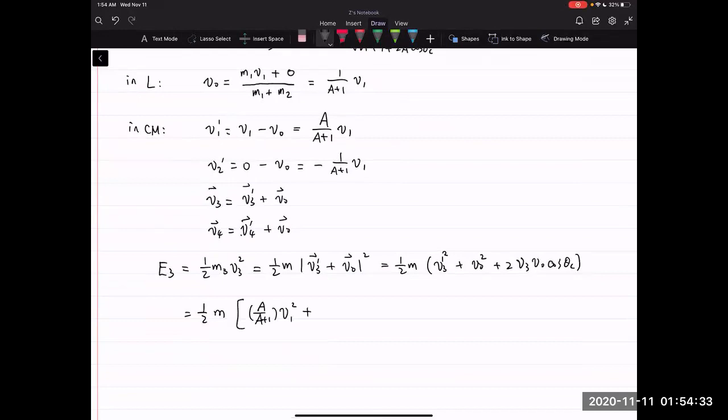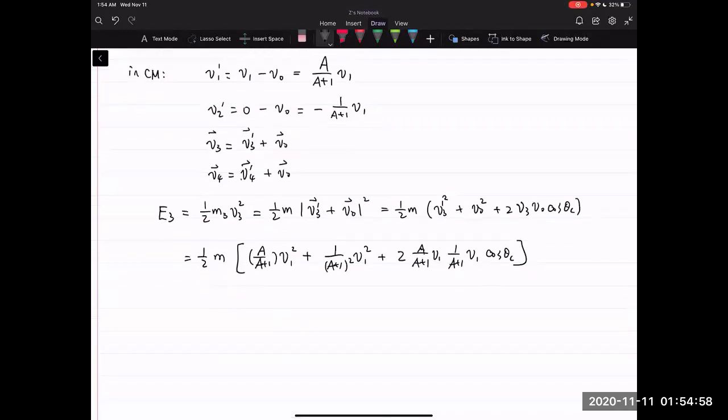And V naught squared is 1 over A plus 1 squared V1 squared. And then plus twice A over A plus 1 V1 times 1 over A plus 1 V1 cosine theta c.